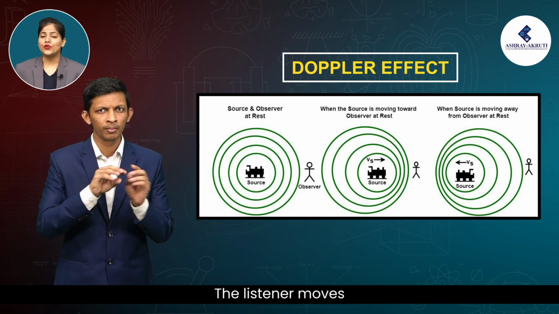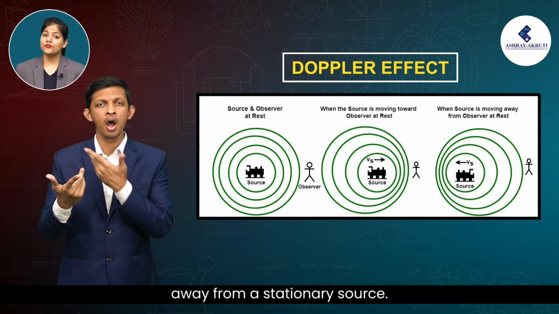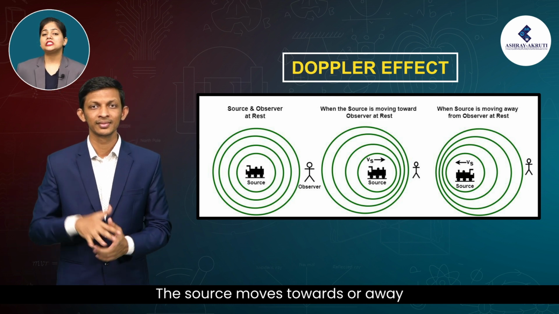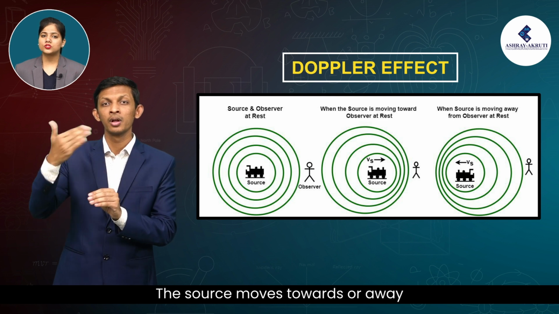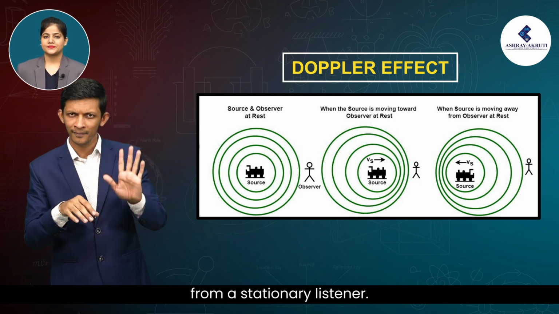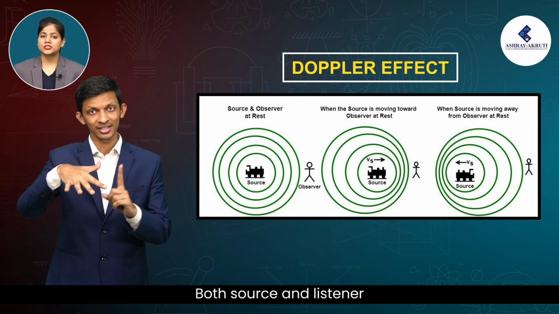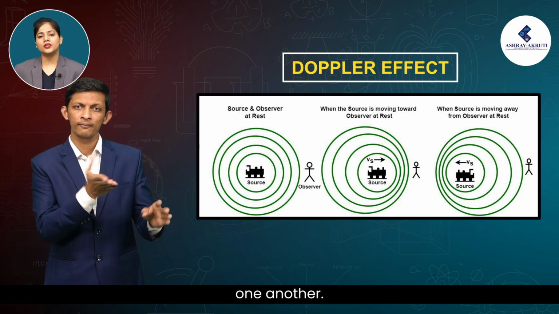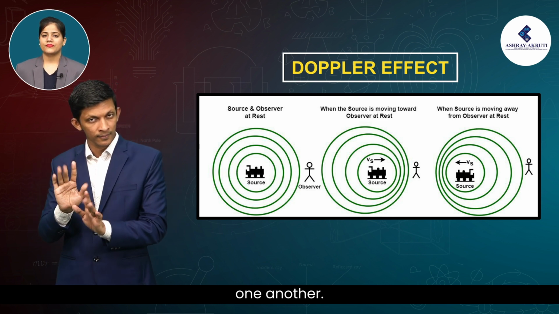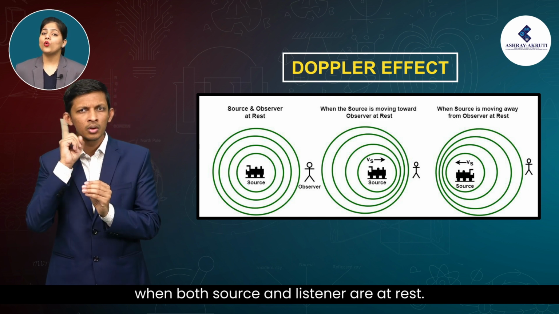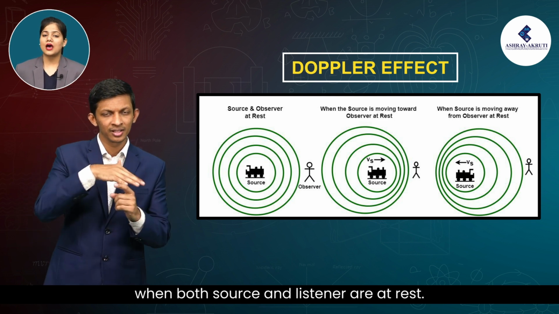The listener moves towards or away from a stationary source. The source moves towards or away from a stationary listener. Both source and listener move towards or away from one another. The medium moves when both source and listener are at rest.